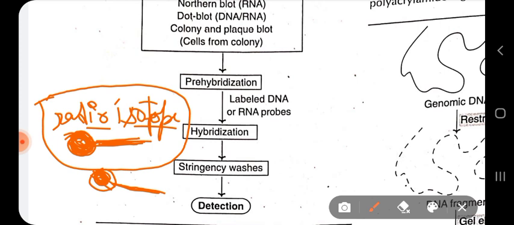The point of hybridization can be detected through autoradiography, or through the detection of the wavelength of light if we are using fluorochromes as a probe.